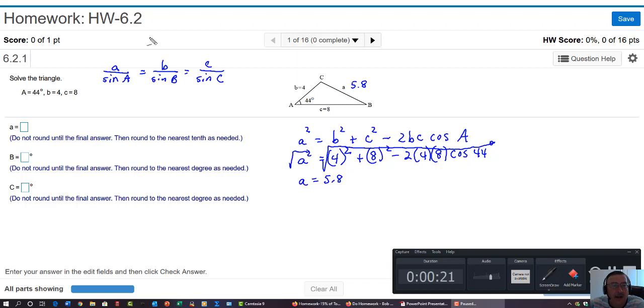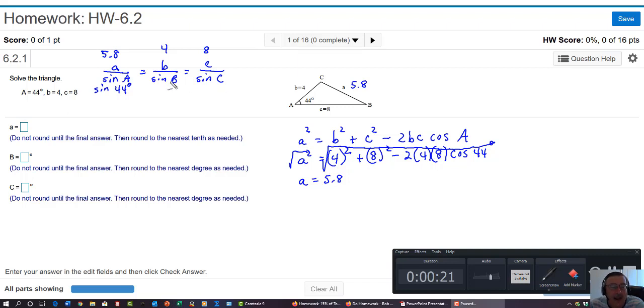Let me put in what we know here. We have 5.8 over the sine of 44 degrees equals 4 over the sine of angle B, which we will find, equals 8 over the sine of angle C, which we will find.